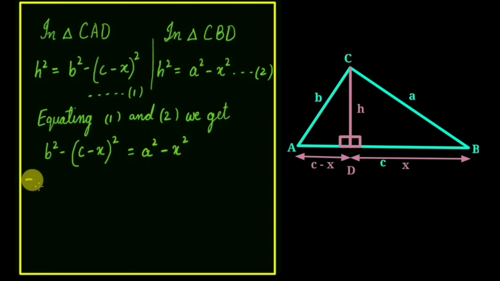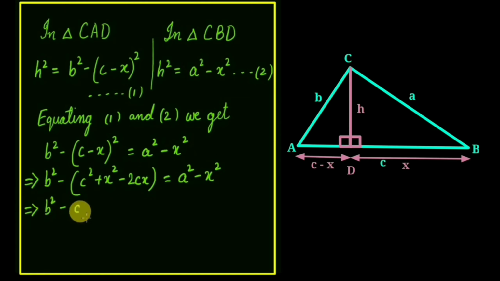Now let's expand (c minus x) whole square. So we get c square plus x square minus 2cx, and the rest of the things are the same. Now in this step we will open the bracket, and since we have minus outside, all signs would get reversed.